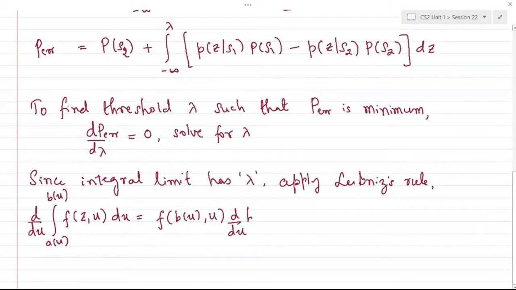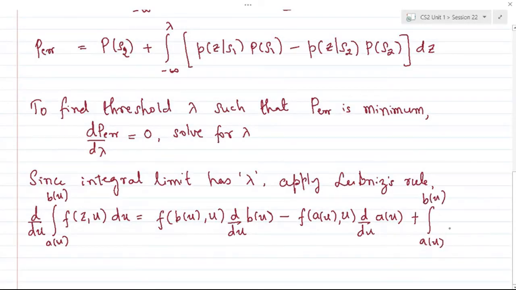Then do that for the lower limit: minus f of a of u comma u, times d by du of a of u, plus the integral of the function with limits a of u and b of u, which partially differentiates this function of z comma u with respect to u.